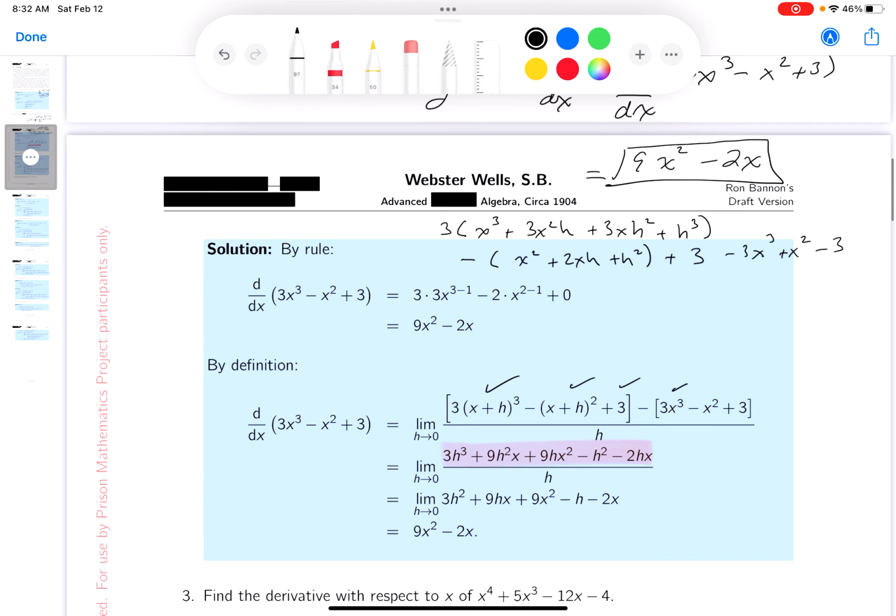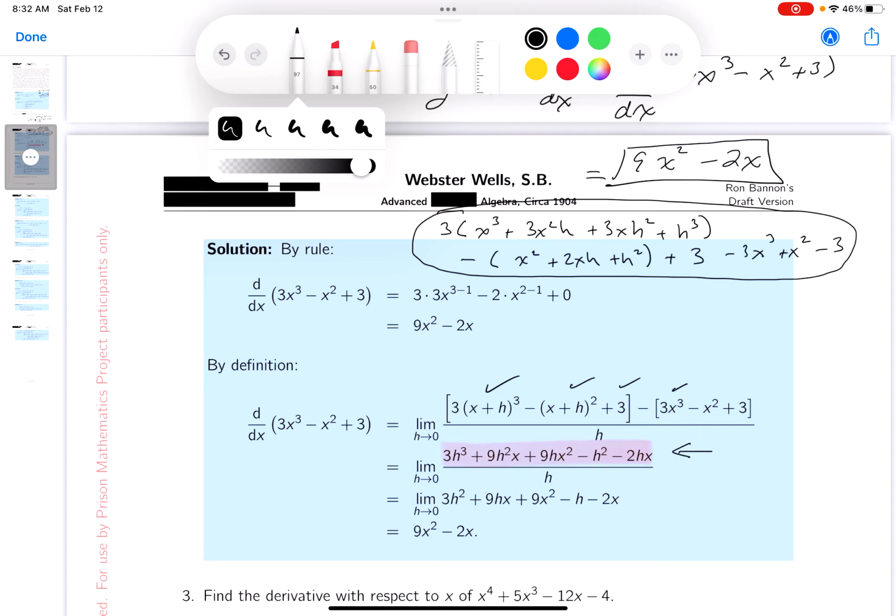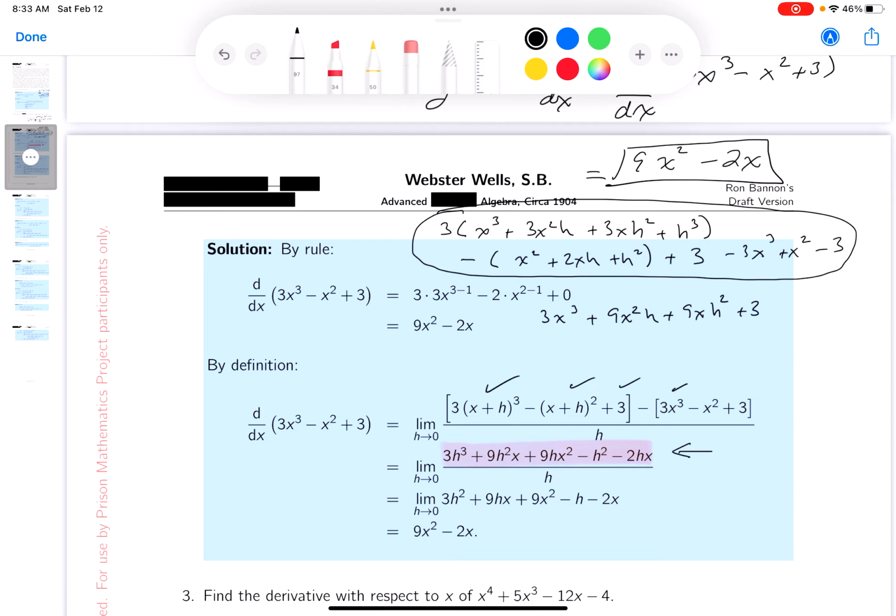So here's my problem. I need to look at this and see if it gives me this over here. That's my struggle now. So let's go through it, writing down one step at a time. That's 3x cubed plus 9x squared h plus 9x h squared plus 3h cubed. I just distributed 3 across those 4 terms.